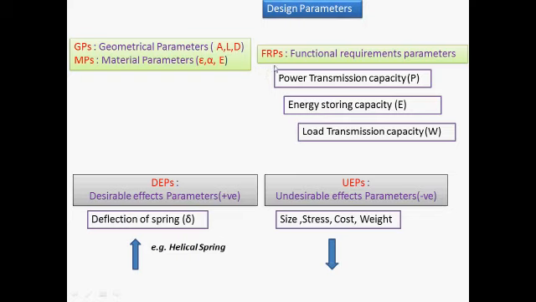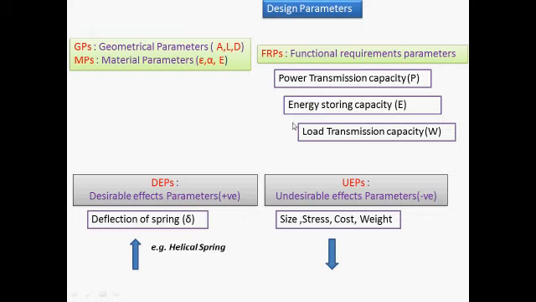Suppose you take the example of the shaft, if I want to design the shaft to transmit a particular amount of power, here power transmitting capacity is the functional requirement. Whatever shaft we are going to design should satisfy this requirement. Such parameters are called the functional requirements.